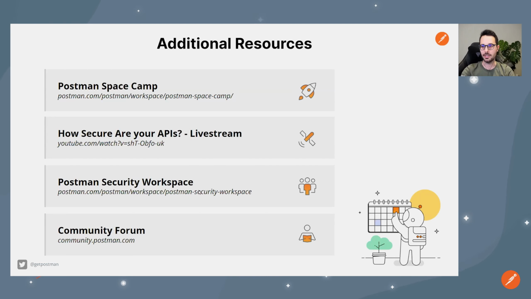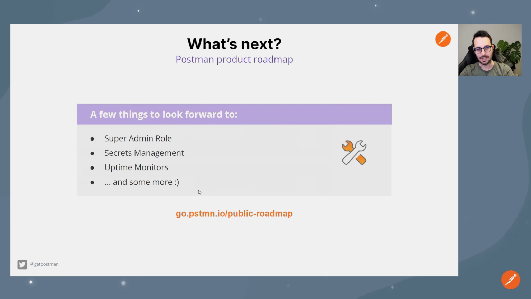So quickly, because we have a few minutes left, a few things to look forward to in the Postman roadmap that are related to security or governance in general. There would be a super admin role, which means you'll be the main person in your account, and you'll be able to handle everything, and you won't need to go through hoops to get permissions on different things.